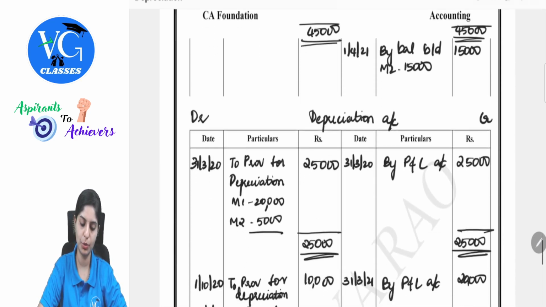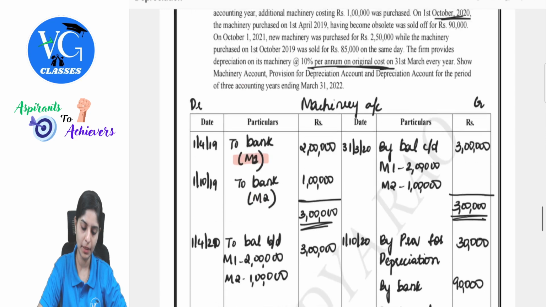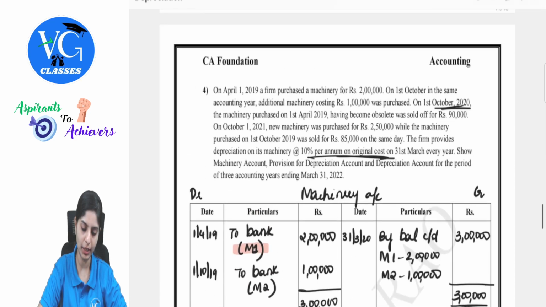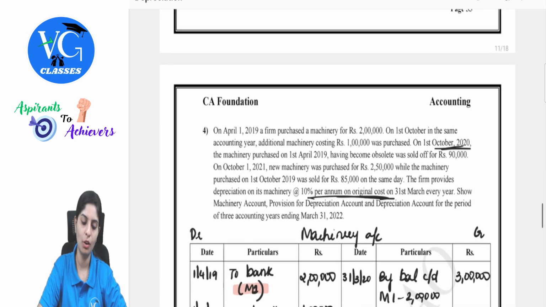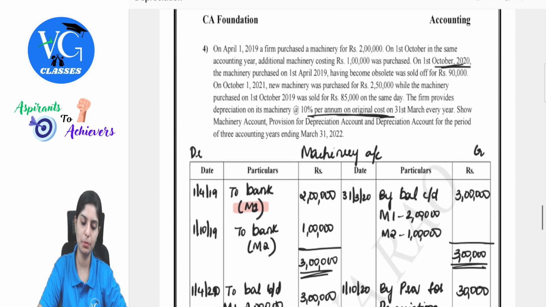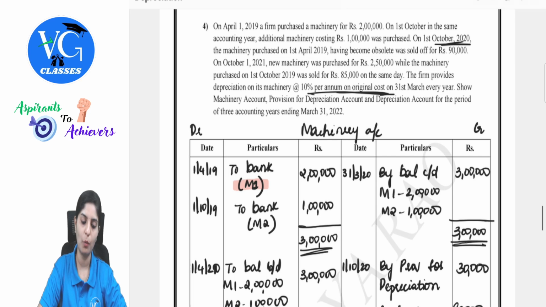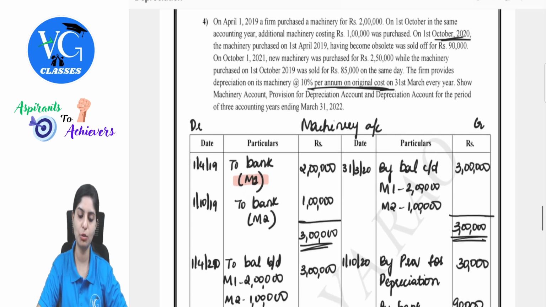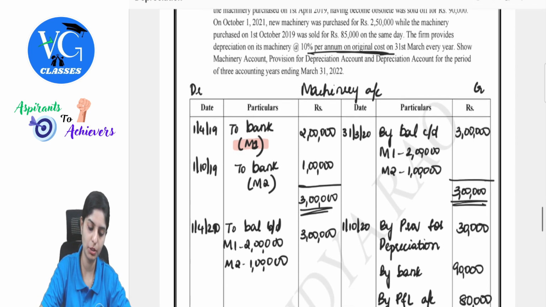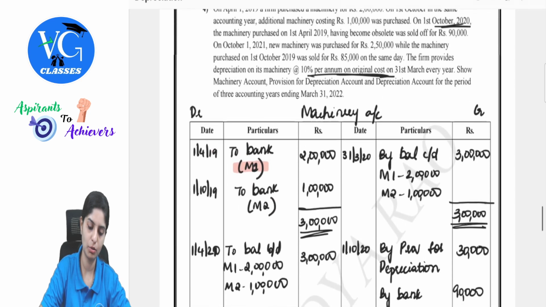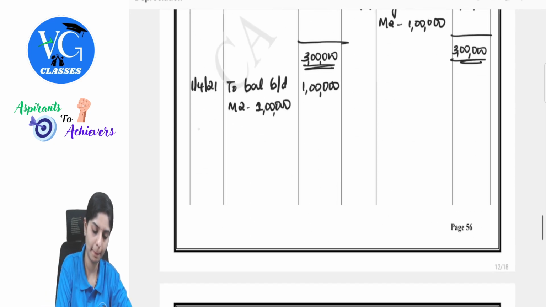31st March 21. What is happening in the year 2022? On 1st October, a new machinery was purchased for 2 lakh 50,000, while the machinery purchased on 1st October 19, that is your machine number 2, was sold for 85,000 on the same date. On 1st October, new machinery was purchased. 1st October 2021.